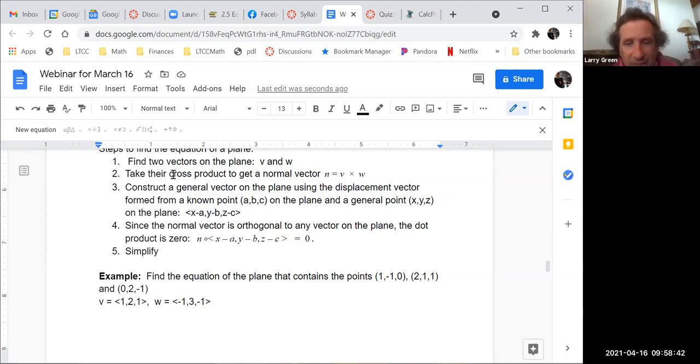Part 2 is take the cross product. So I need n equals v cross w. So let's do that. So we have i, j, k, and then we have 1, 2, 1, and negative 1, 3, negative 1.